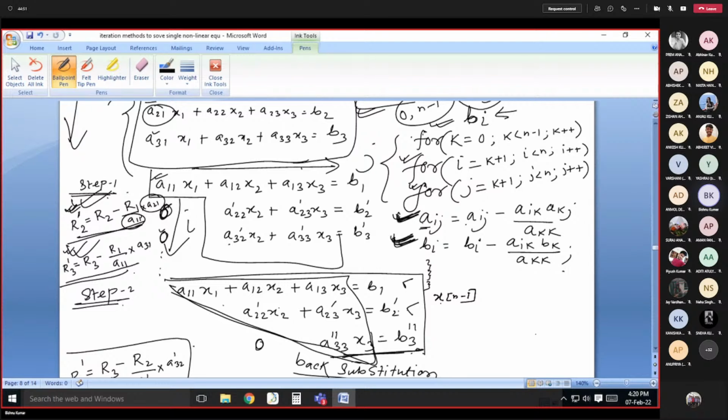How will it be calculated? After the completion of this loop, you take the right hand side bn minus 1 divided by the coefficient a n minus 1, n minus 1 of the two-dimensional array.